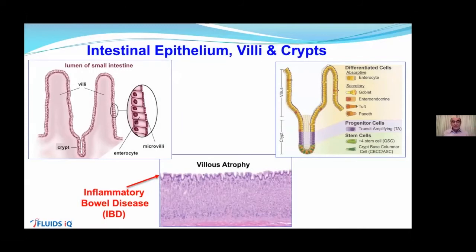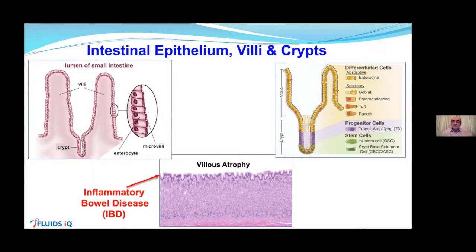What I am going to tell you is that the cells that make DAO are found in the crypts. Those are the valleys right at the bottom of these little villi. These are microscopic little fingers that move out into the lumen of the intestine.